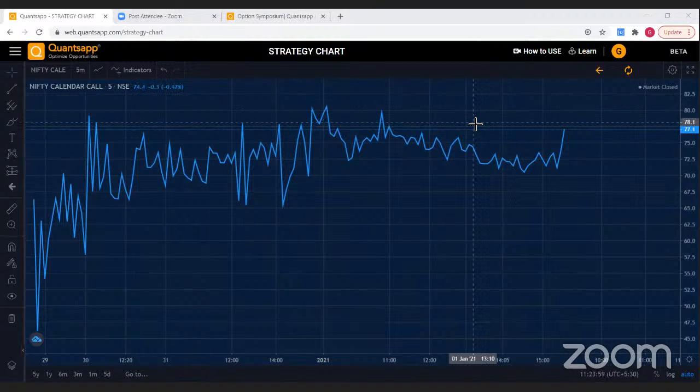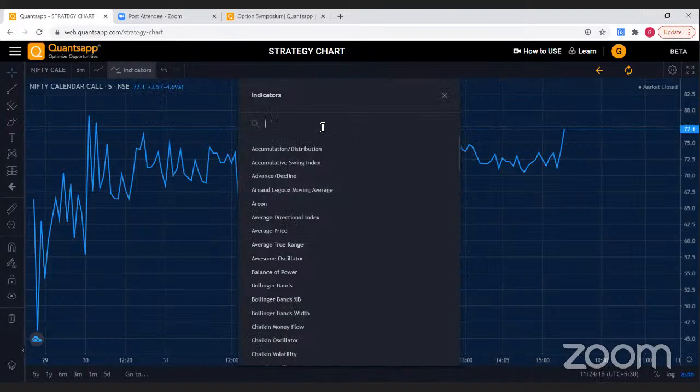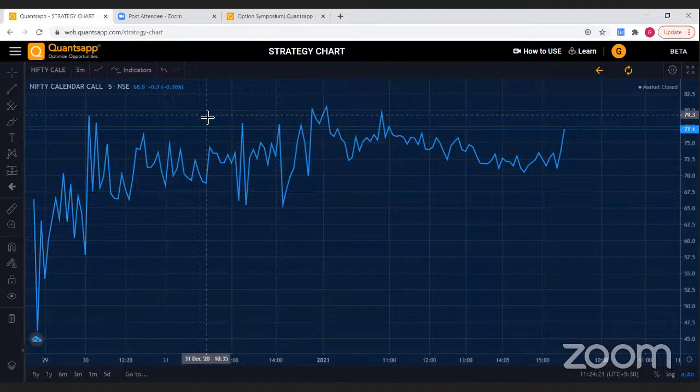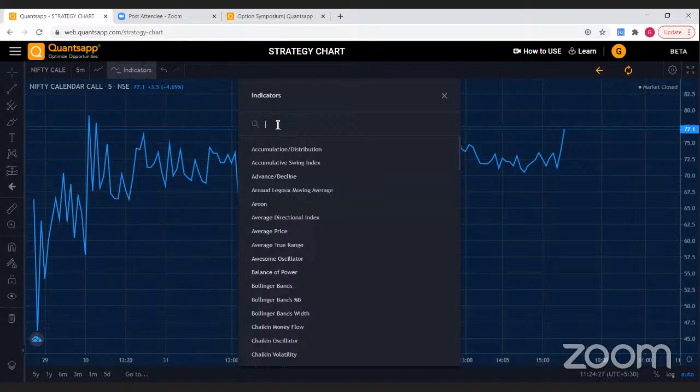Even here, in this particular chart, you can create any of your custom strategy, and moreover you can see the prices of it. And the thing I'm going to tell you is adding your Greeks into it. On the chart, suppose you made a custom strategy, you go to indicators because you want to see the Greeks of it.